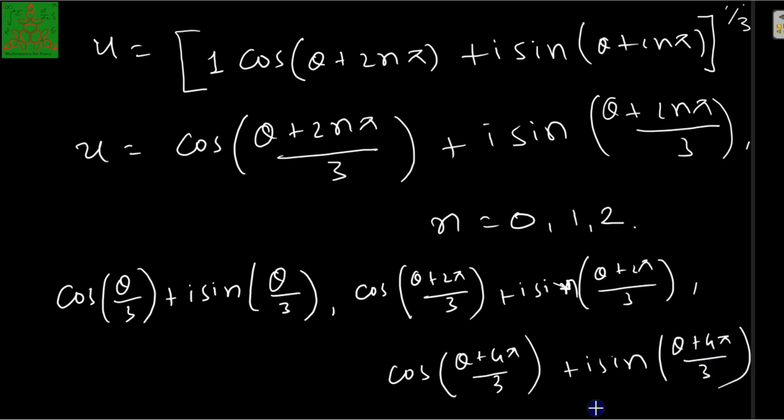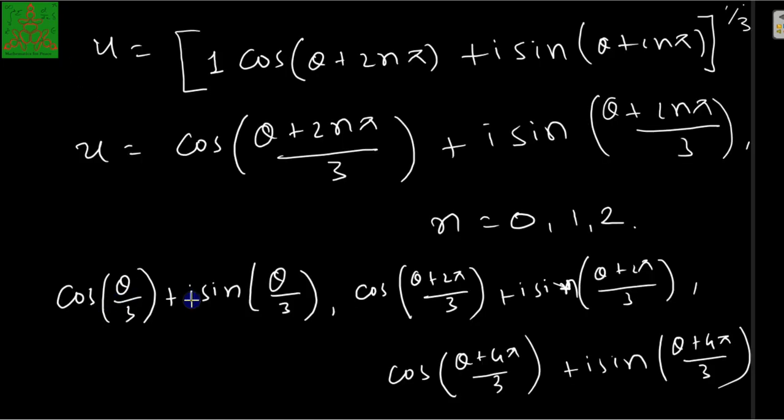Now the value of theta, which we already have, is 2 pi by 3. We can substitute here. Cos theta plus i sin theta I can write in short as cis theta, a short form so we don't have to write all the expressions. So this is cis theta by 3, cis of (theta plus 2 pi) by 3, and so on.